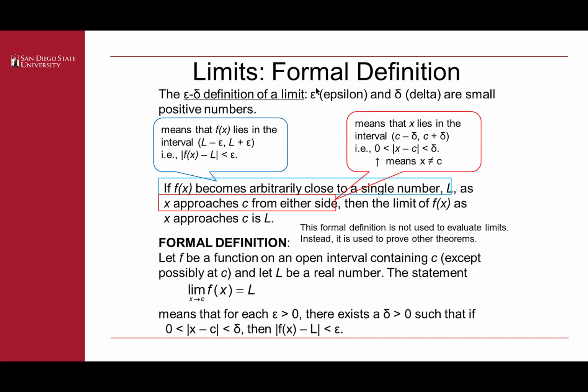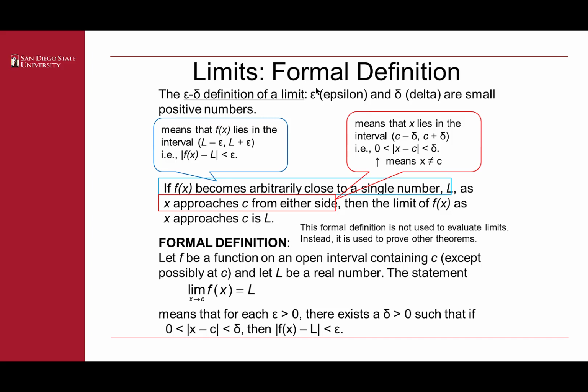F of x becomes arbitrarily close to a single number L means that f of x lies in the interval lower bounded by L minus epsilon and upper bounded by L plus epsilon. So f of x must be between L minus epsilon and L plus epsilon, which also means that the absolute value of f of x minus L would be smaller than epsilon.